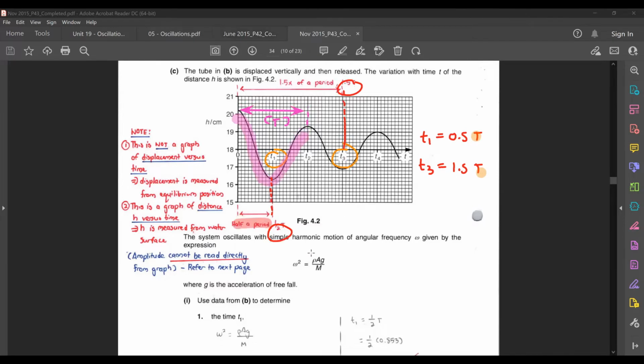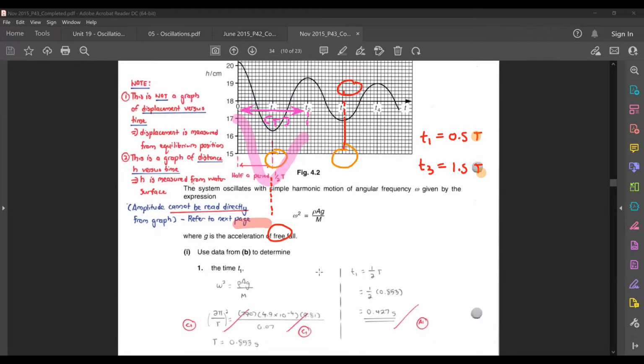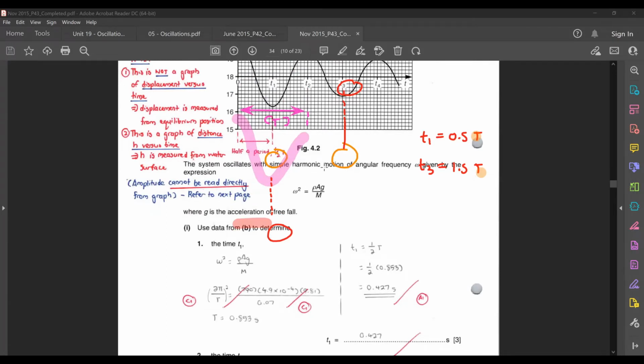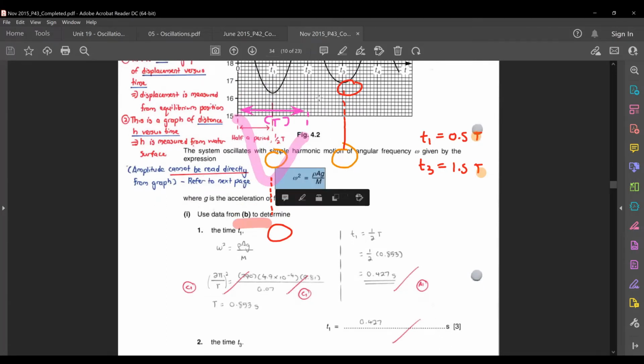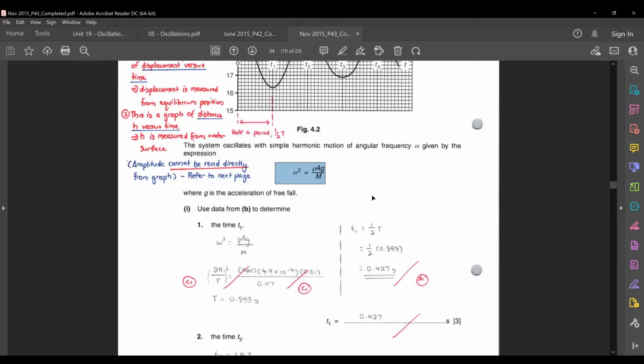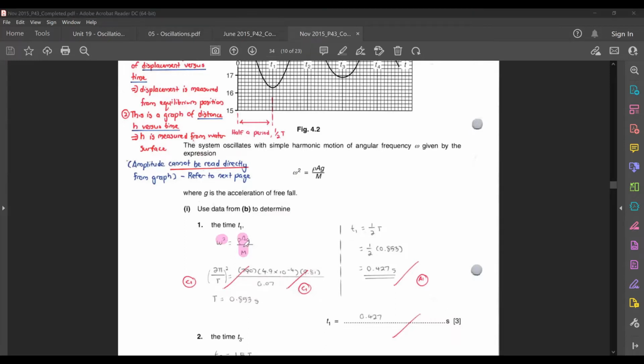All right. So here, what you can do is make use of the equation that has originally been given to you to find out what is T. They told you already that omega square is rho Ag over m, but at the same time, you know omega is 2 pi over T. So you sub in for omega, you will be able to get the period.